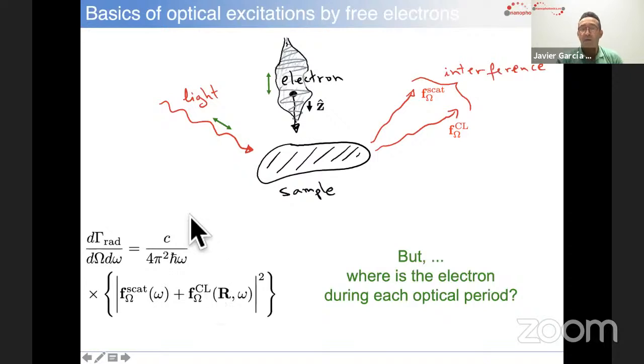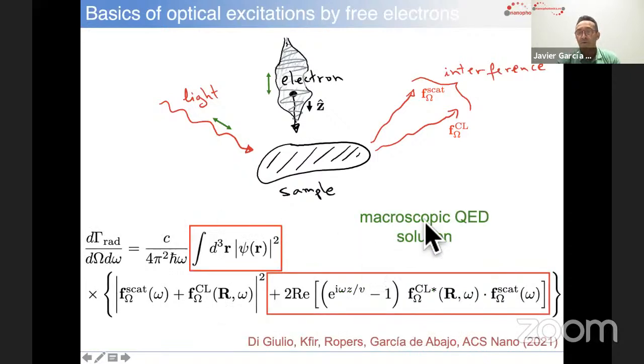Okay. Now, through a very long process that involves macroscopic QED, quantum electrodynamic formalism, that has become very popular recently in the description of quantum processes in the presence of macroscopic media, we were able to solve the problem.